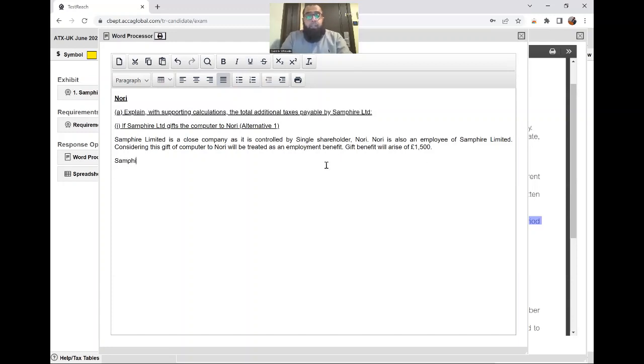Samphire Limited will have to pay Class 1A employer NIC on this gift benefit of 1,500 into 13.8%. So this is 1,500 into 13.8%. So it's £207. Okay, so it has to pay Class 1A employer NIC.